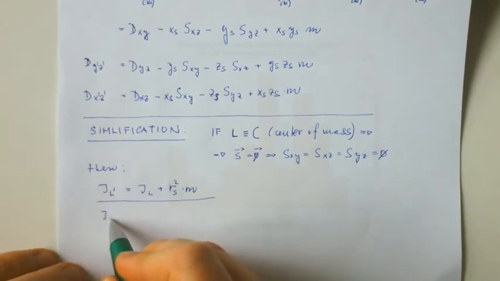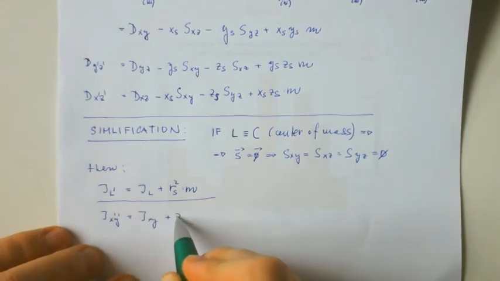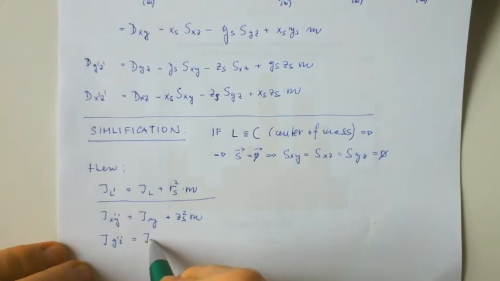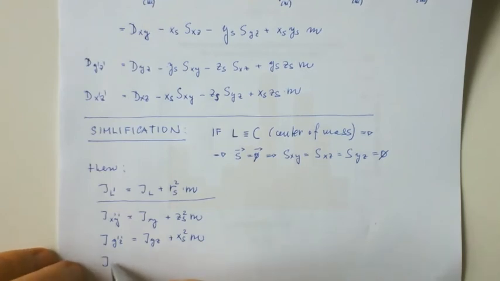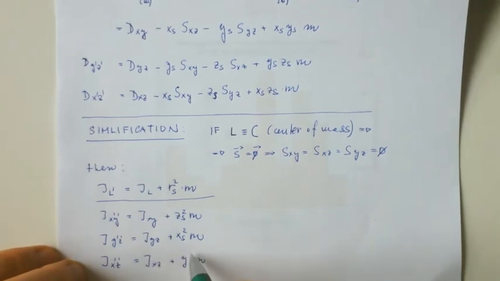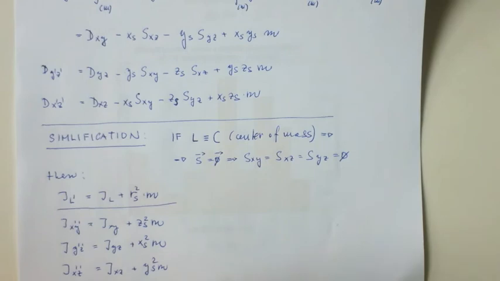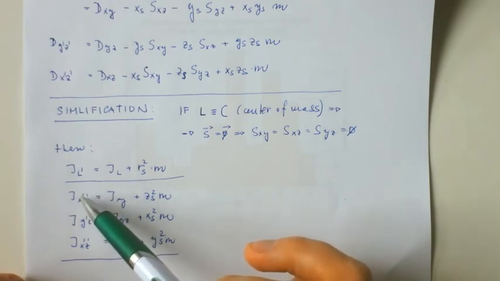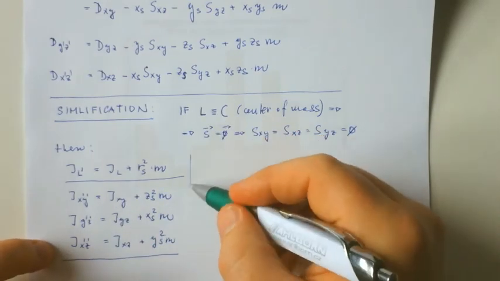Then Jxy prime is Jxy plus zs square m, Jyz is Jyz plus xs square m, and Jxz is Jxz plus ys square m. And so these express the new moments of inertia with respect to planes for new values and old values.